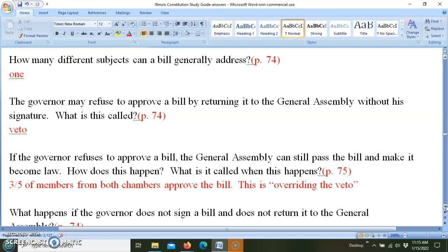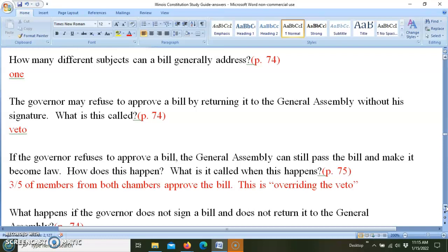But then the original chamber where the bill originated has the opportunity to still get that bill passed. And the way they will do it is if 3/5 of the members from the original chamber vote for the bill to be passed, they'll then send it to the other chamber, where that chamber will have the opportunity, also requiring 3/5 of its members to approve it.